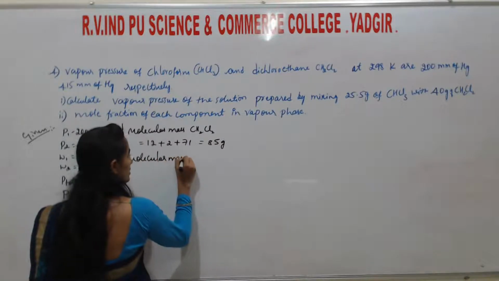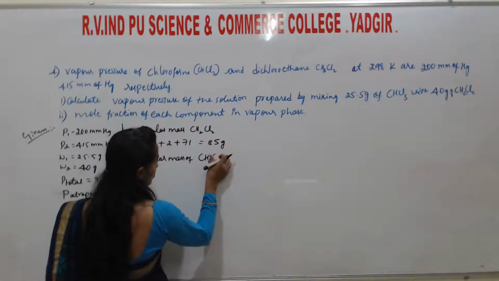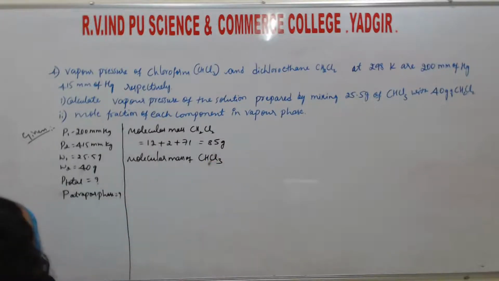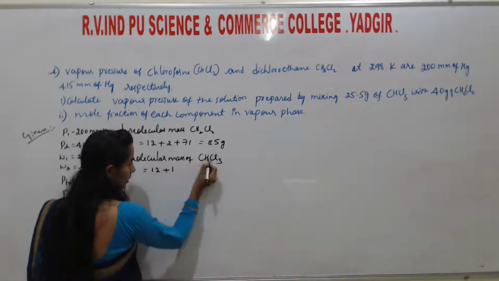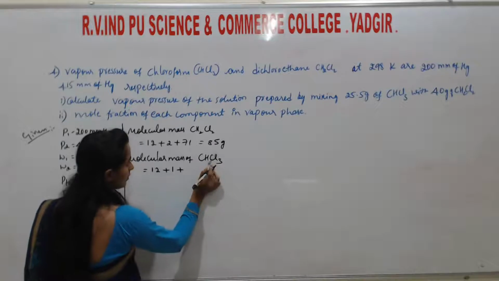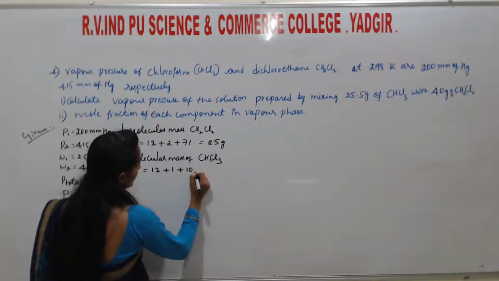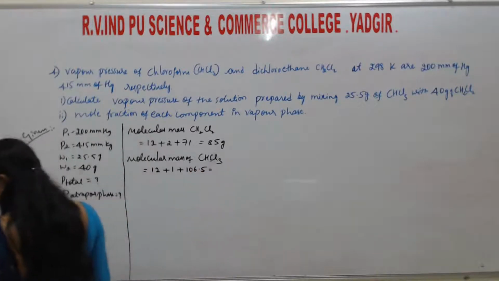Next, molecular mass of CHCl3. How much is it? Carbon is 12, hydrogen is 1, Cl3 means 3 times 35.5 is 106.5. How much will be the answer, students?